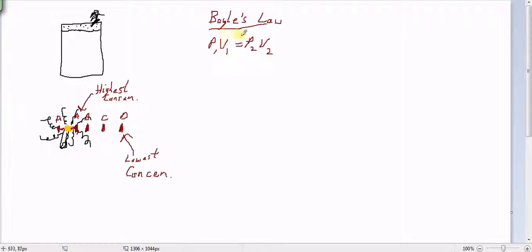And then the assumptions of Boyle's law, remember the assumptions are always for all three that there's a fixed amount of gas. So that's for all three. And then we know for Boyle's law that there's a fixed temperature.